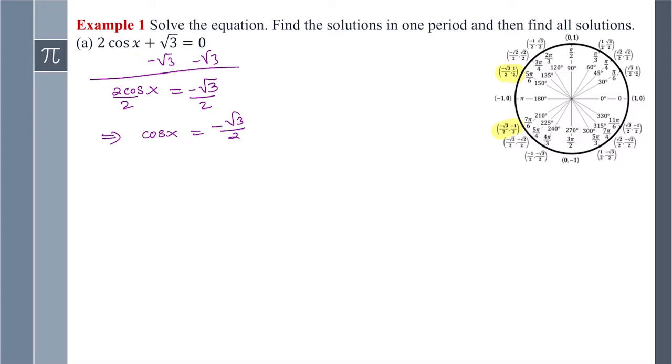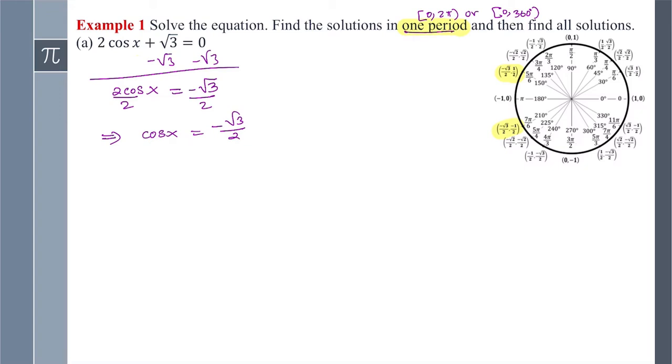So these are the two possible values in one period. When it says one period, it's the same as saying the first revolution. So it is from 0 to 2 pi, or in degrees, from 0 to 360 degrees. That's the interval, which is one period for the cosine function.